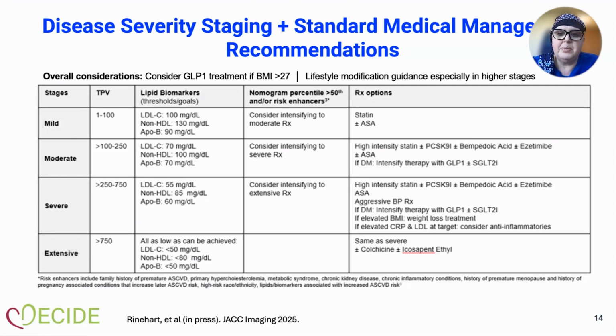And this is very similar to what the National Lipid Association recommends. So if you have an elevated Lp(a) or family history, or maybe have conditions specific to women, you may want to go from that moderate stage by the total plaque volume down to the severe stage when you're making your recommendations.